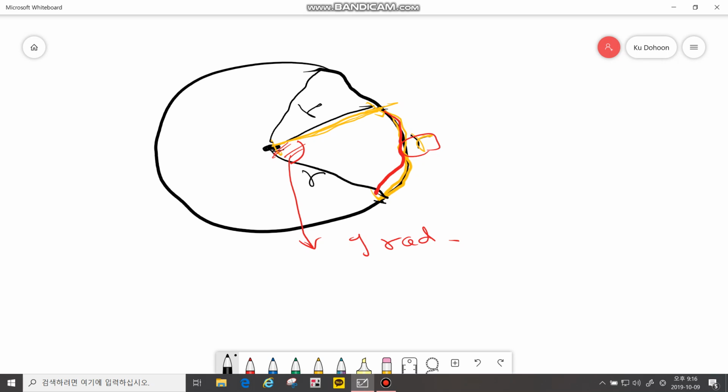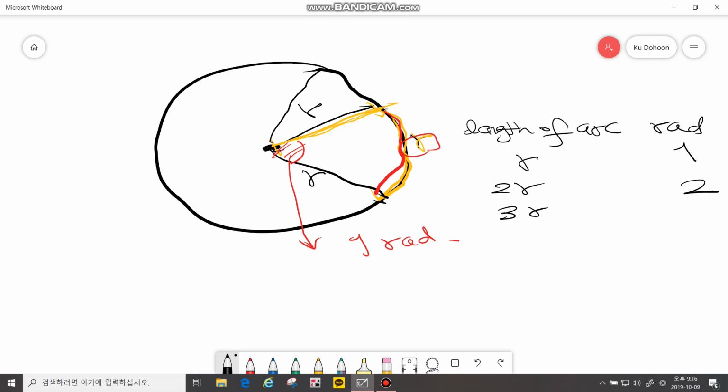You've got to see this relationship here. If the length of the arc is r, then the radian is 1. If it is 2r, then it is 2. If it's 3r, then it's 3. If this is 2 pi r, then the radian is just 2 pi, right?